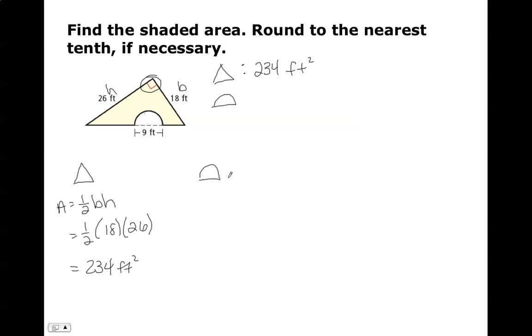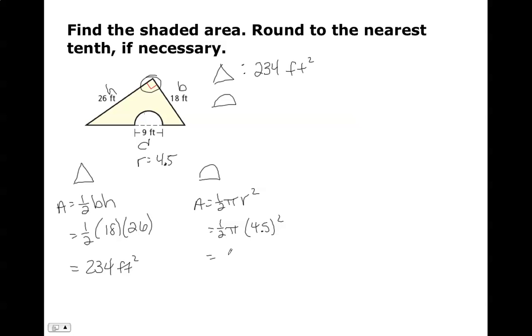Let's look at the semicircle. The semicircle, remember, is half the area of a whole circle. Notice this 9 here is the diameter. We want the radius, so 1/2 times pi. The radius would be 4.5, because 9 divided by 2 is 4.5. So we can substitute that in.